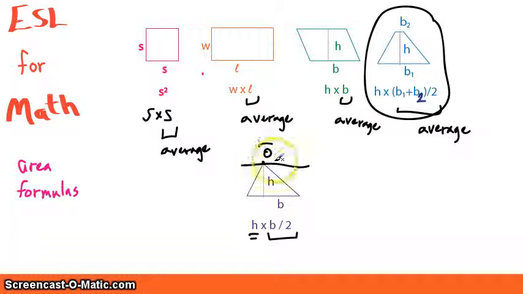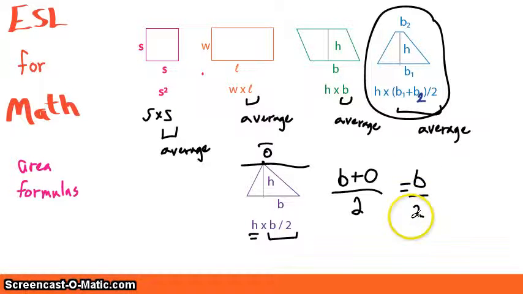There's no width here, it's 0. The bottom is b. So if we do b plus 0 over 2, that should be the average of the top and the bottom. And b plus 0 is the same as b. So this is b over 2. So the average of the top and the bottom is b over 2. We take the height times the average of the top and the bottom. And we have h times b over 2. Or here it's written h times b divided by 2.